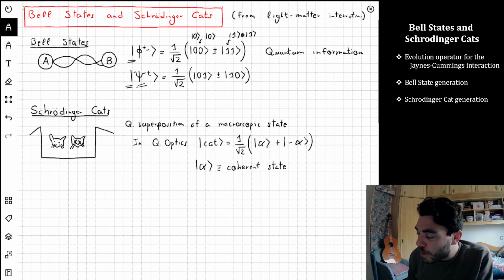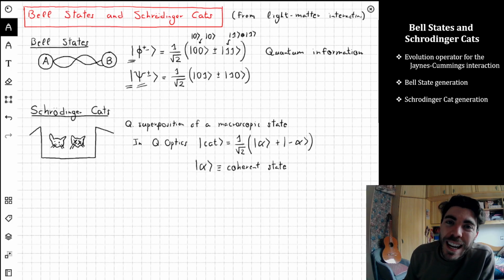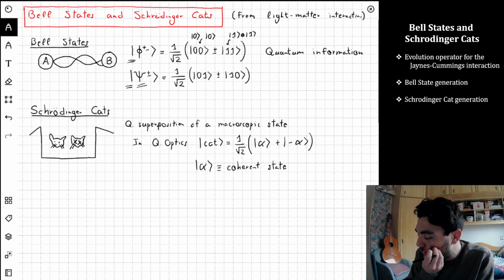And so in general, when you have a quantum superposition of a macroscopic state, this is a Schrodinger cat state, because it's a generalization, if you want, of the Gedanken experiment of Schrodinger.